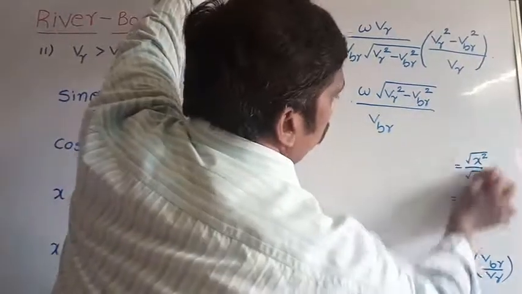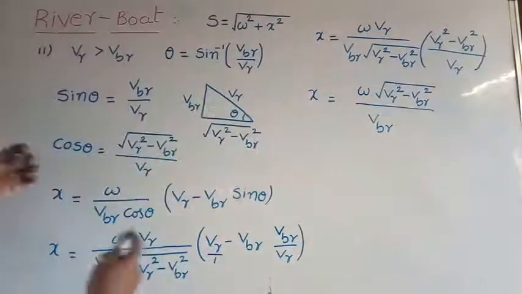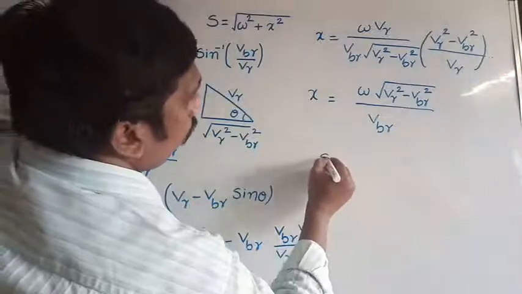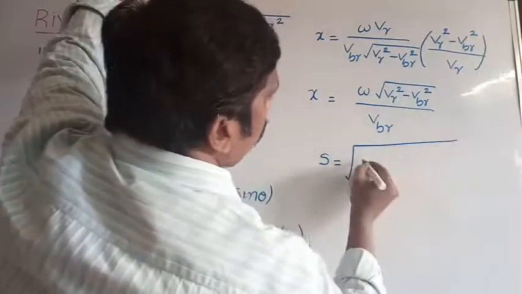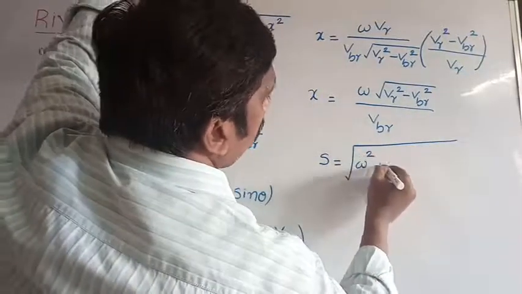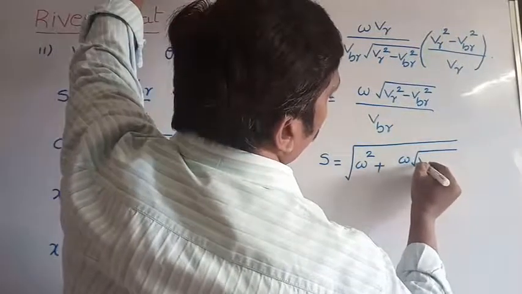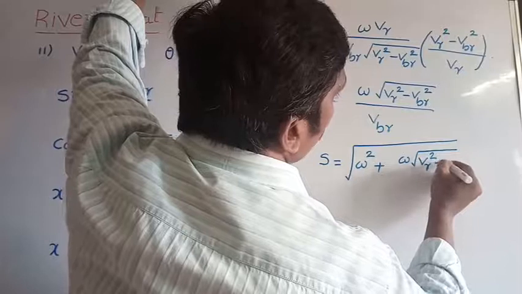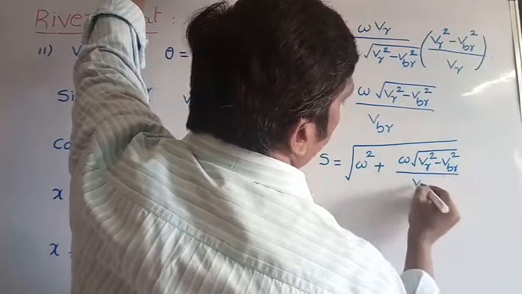Now we substitute in this equation. S is equal to under root of W square plus x square. X is equal to W into under root of VR square minus VBR square divided by VBR whole square.